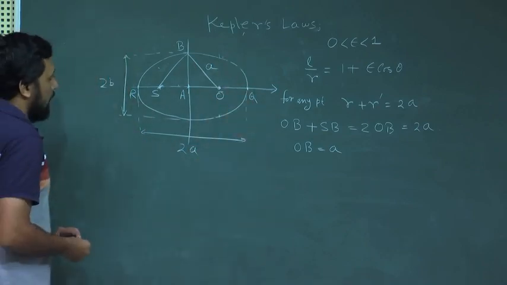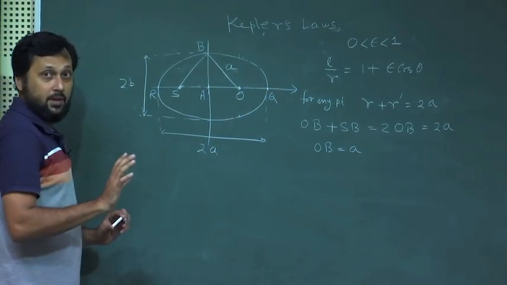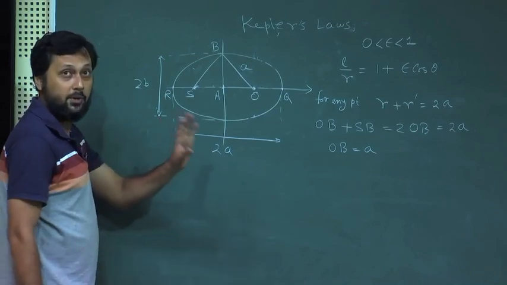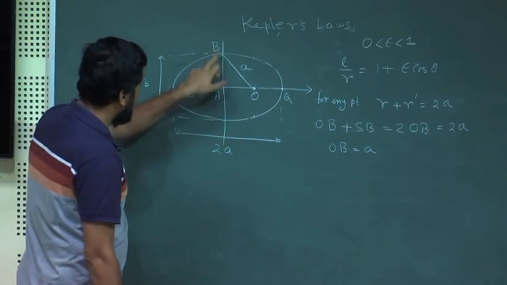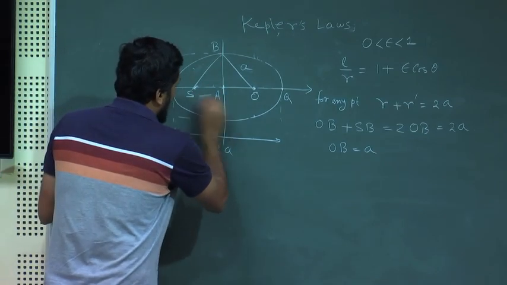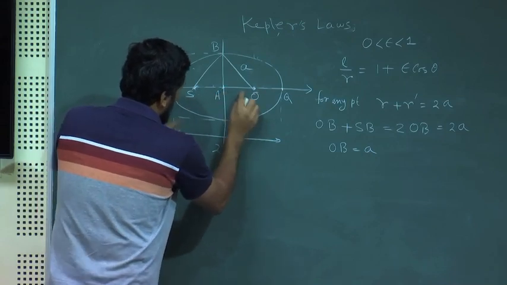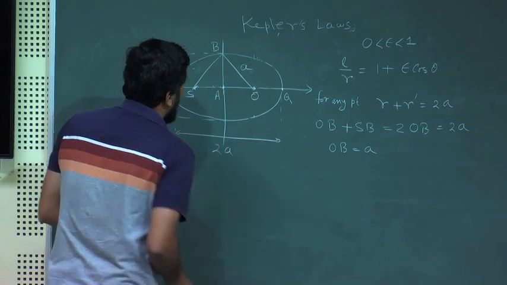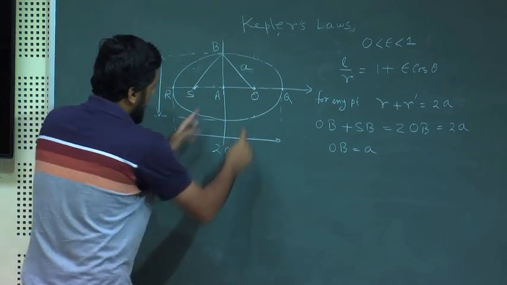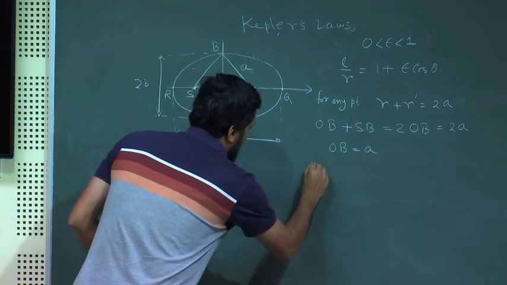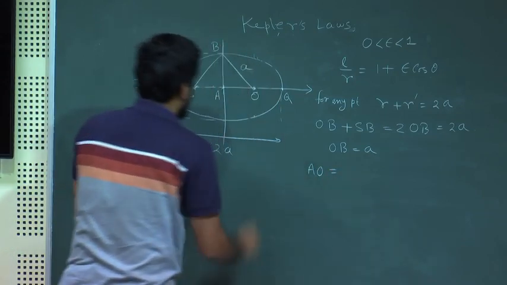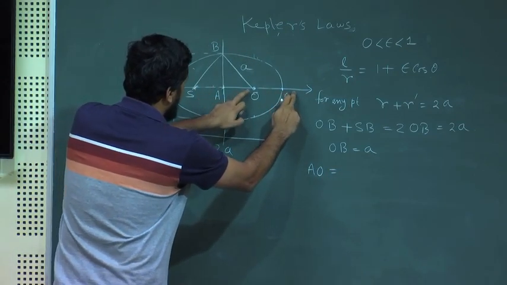Now, why am I doing this? You have to bear with me for a little longer, then you will know immediately. Now, this length segment AO. So, AO is equal to AQ minus OQ.